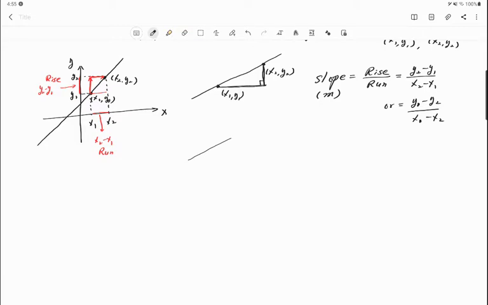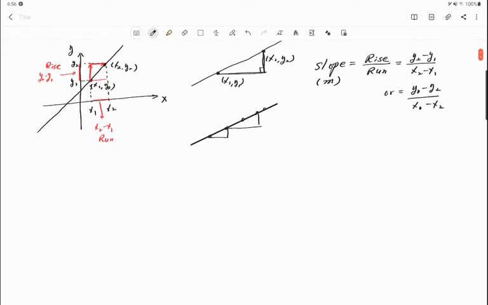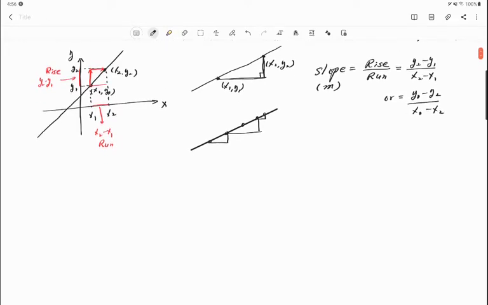Let's say here is a straight line, and there are many points on the line. The slope is the ratio of rise over run. The slope from here to here, or here to here, they are all the same, because the ratio is the same.